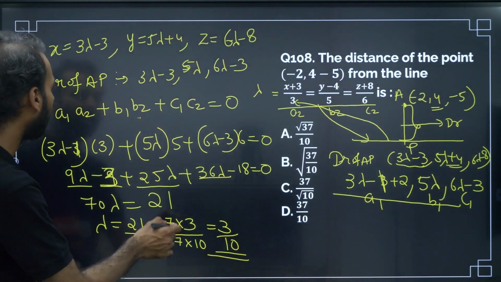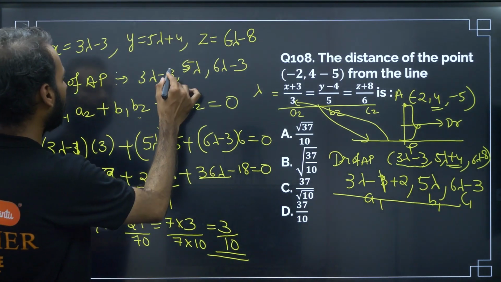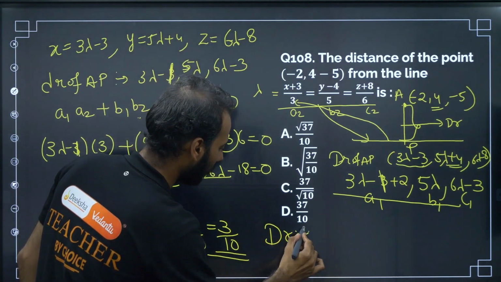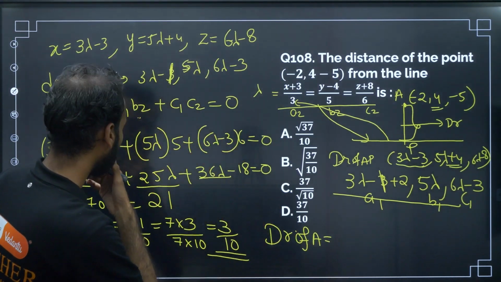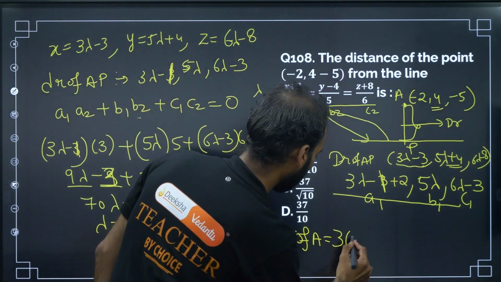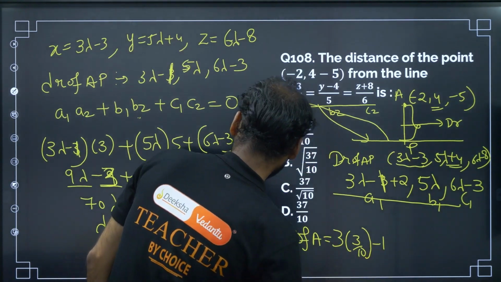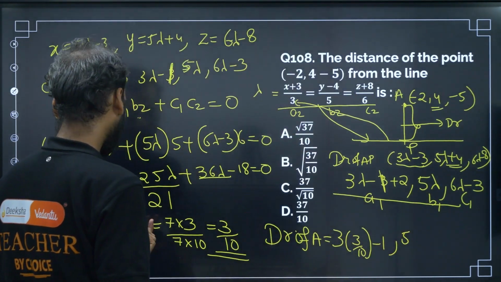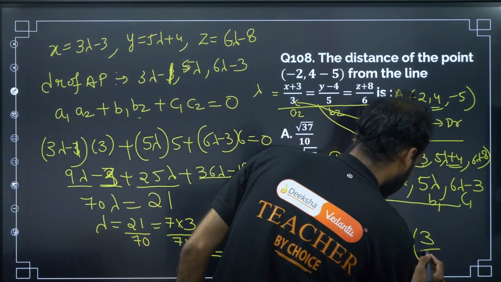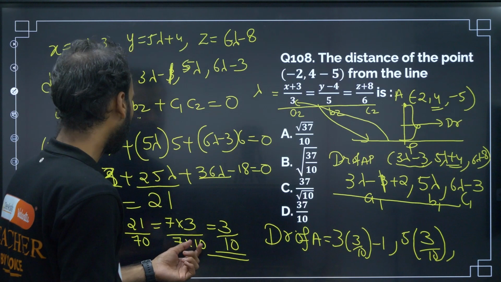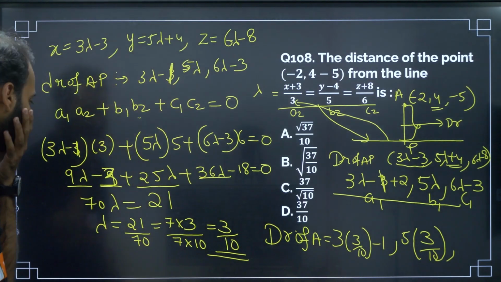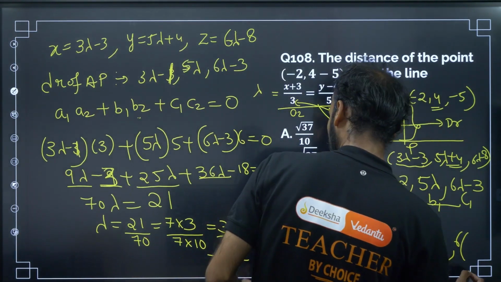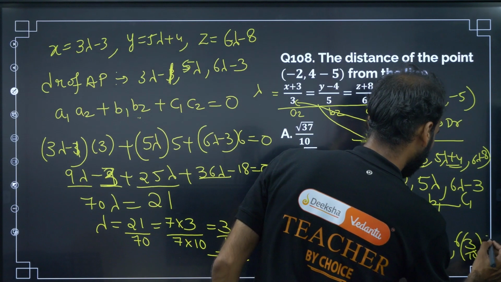Now let me place this lambda in the direction ratios of AP. Direction ratio of AP, let me write once again: 3 lambda minus 3, which is 3 times 3 by 10 minus 3; 5 lambda, where lambda is 3 by 10, so 5 times 3 by 10; and then 6 lambda minus 3, which is 6 times 3 by 10 minus 3.